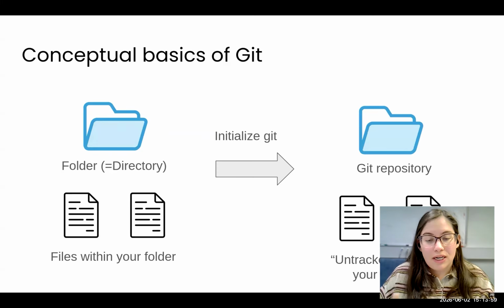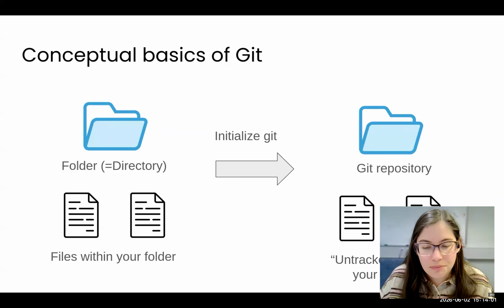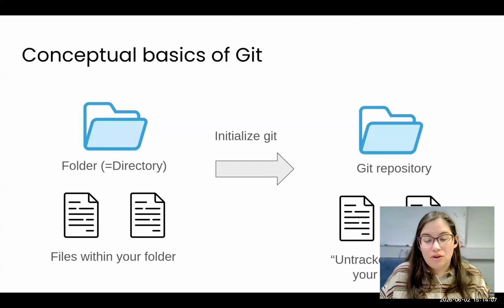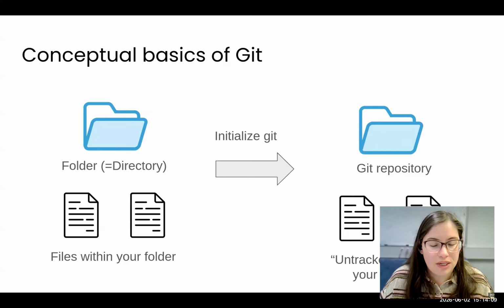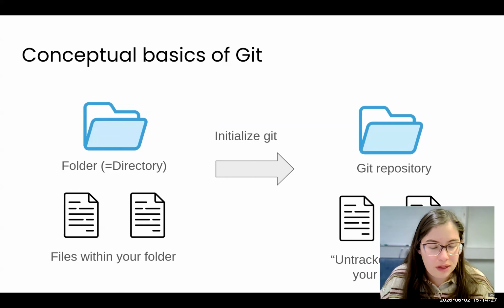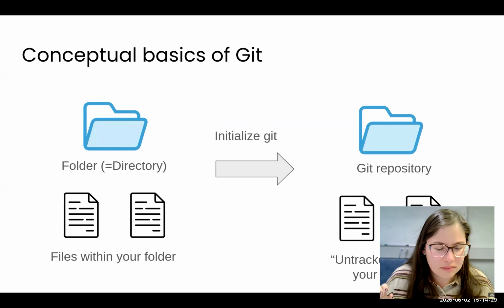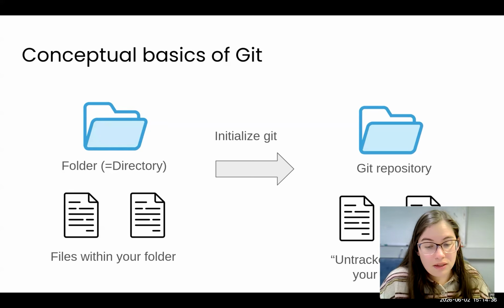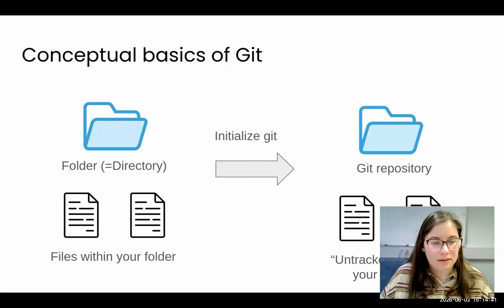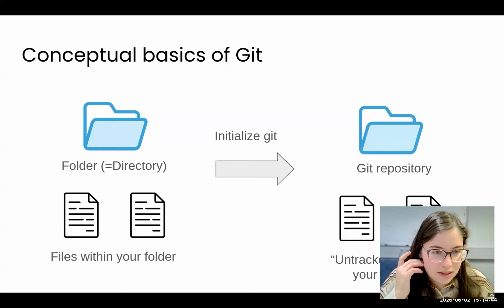When you initialize Git or initialize a repository, that folder becomes a repository. And at the beginning, those files will be untracked, so Git won't pay attention to them. Up to now, everything is happening locally in whatever computer you are working on.